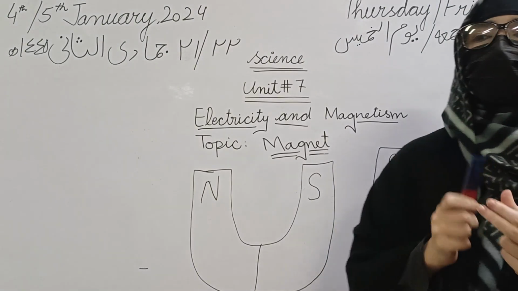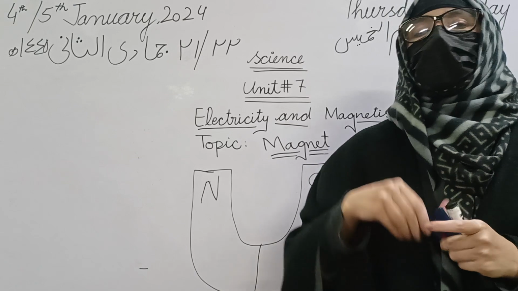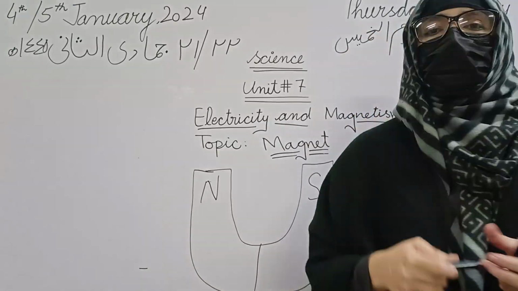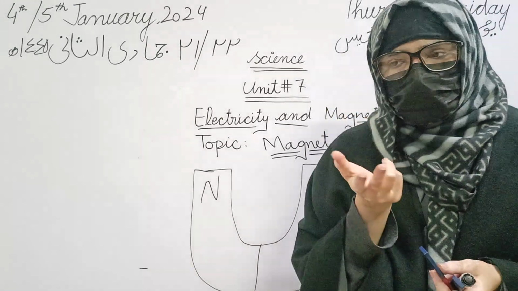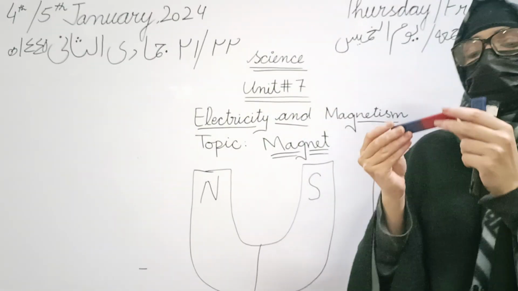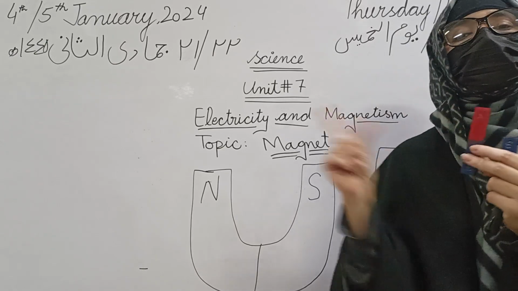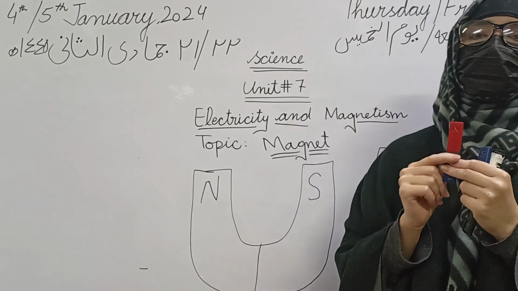So, what is the difference? Magnet is a metal. Then what is the difference between metal and magnet? Magnets have a force inside, but metals do not.